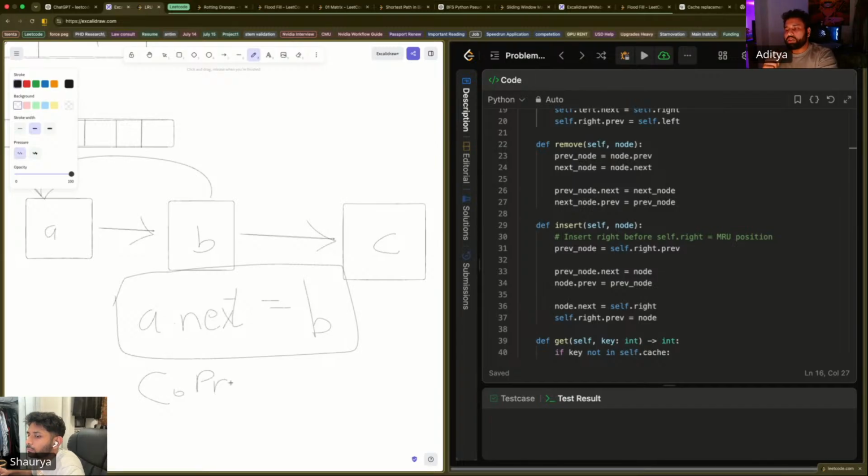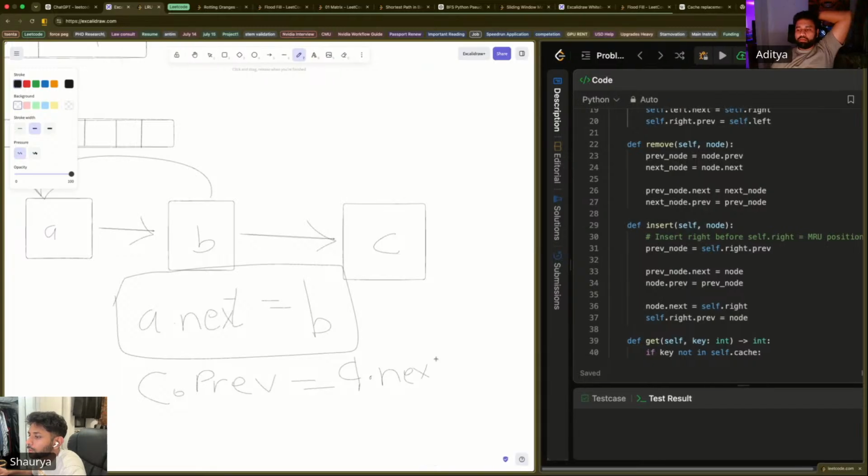So whatever the next node is, its previous will be the previous node, that is going to be A. C.prev will be A instead of B. So that's what we are trying to do in the remove method.